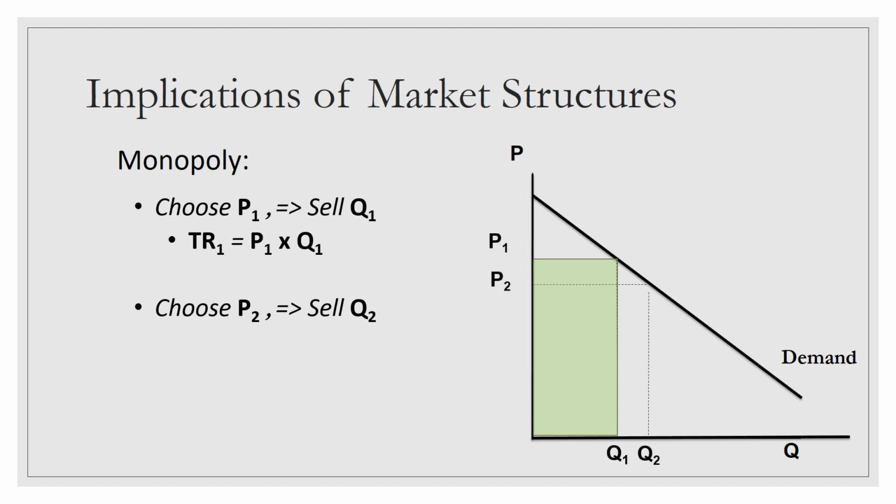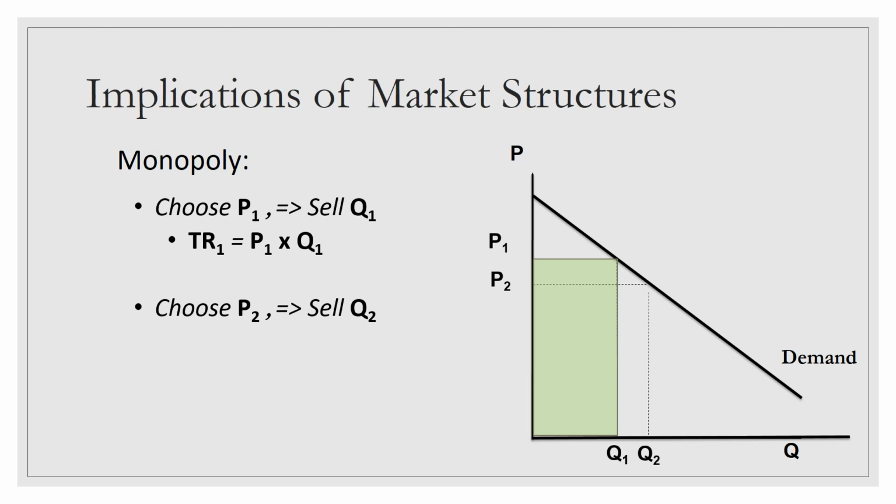Suppose instead you choose to produce at a level of output Q2. Well, at a level of output Q2, you can't sell all those units at P1 as well. In fact, you wind up having to choose either to sell Q1, say 100 units at price 1, or 110 units, Q2, at a price P2 that's lower.